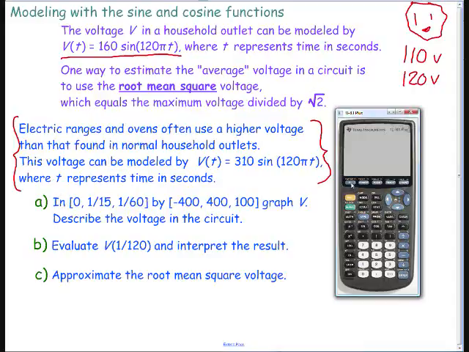So let's go here. We're going to be sticking with radians, but I want to make an adjustment to the window. I'm going to start with 0, so that's good. But my Y max is going to be 1 divided by 15. My Y scale is 1 divided by 60.